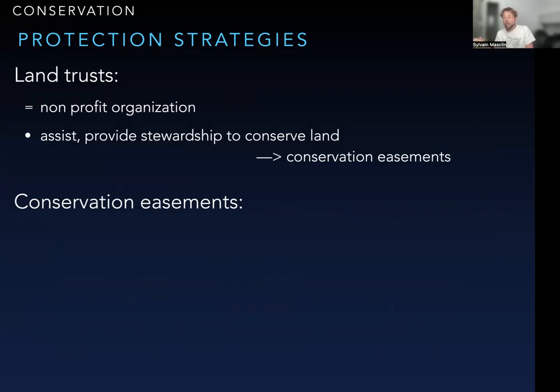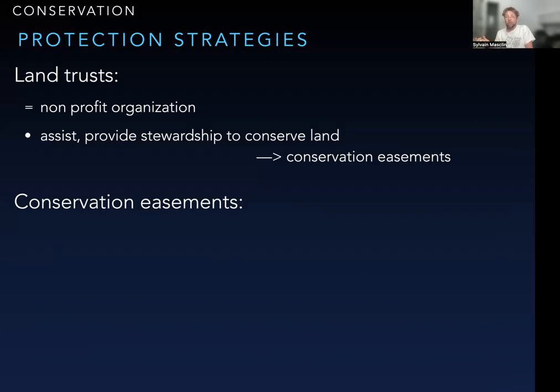They are not directly paid by the people trying to conserve the location, but they will assist them and provide stewardship, managing, helping, and guiding those people to conserve the land, by producing what we call conservation easements, making sure that the land will be protected the correct way.